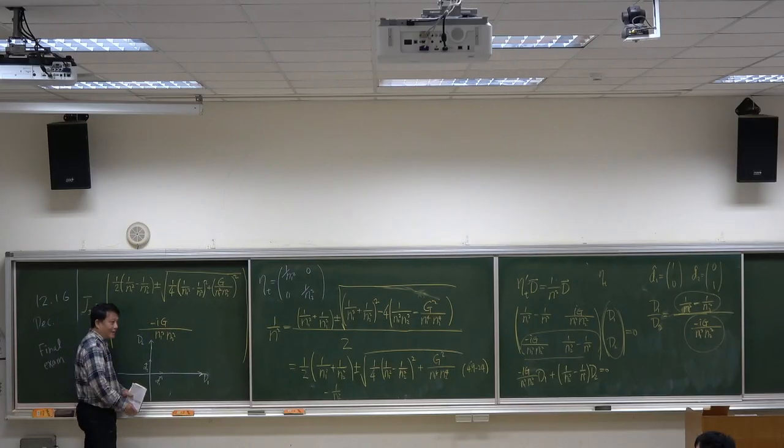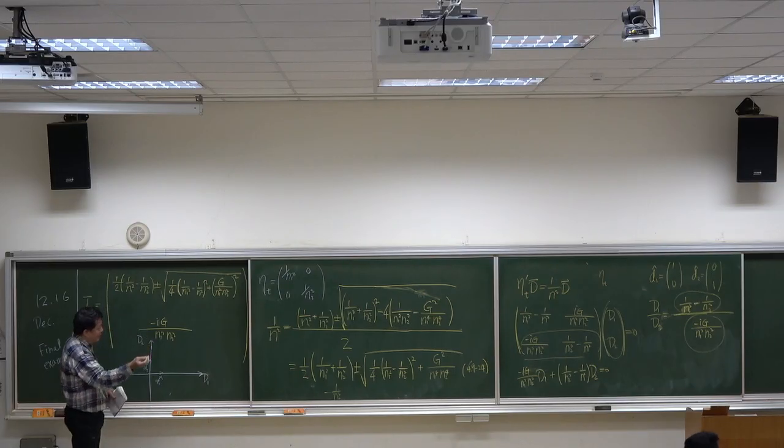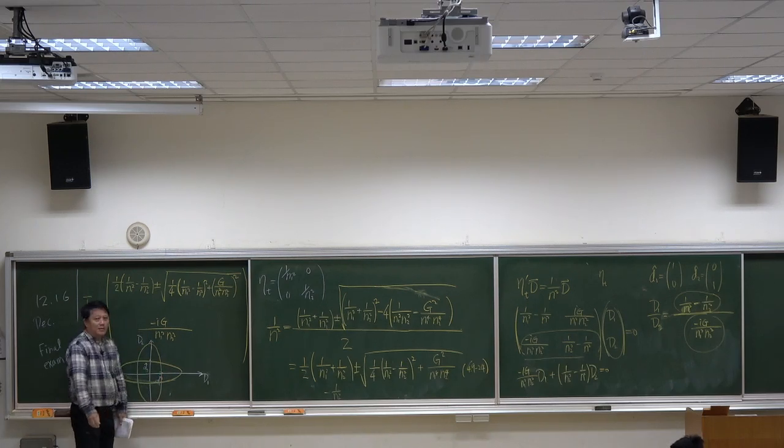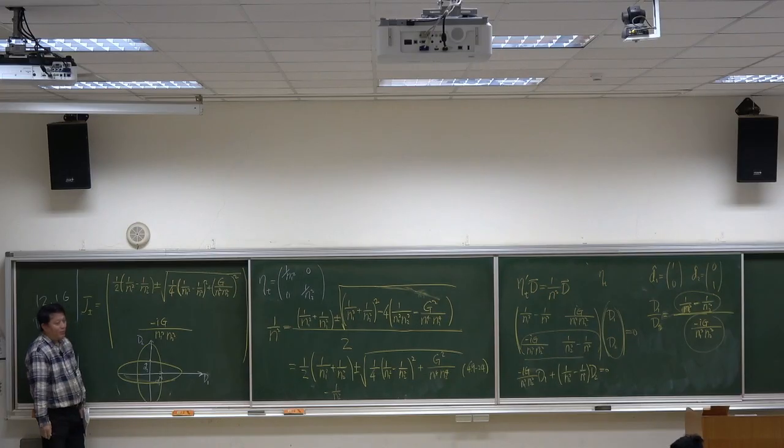When we turn on the optical activity, it becomes, we get two possible elliptical polarizations.